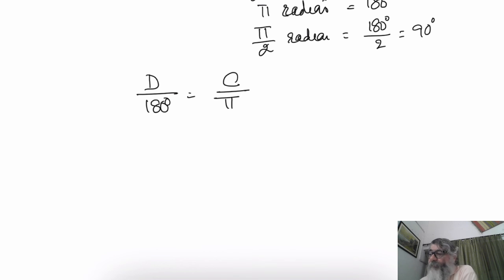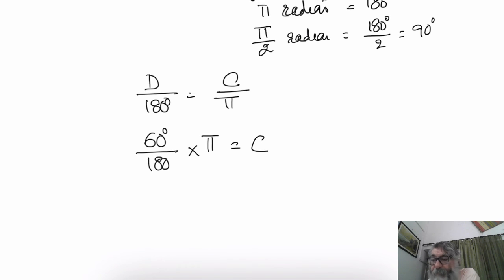For example, I have 60 degrees and I want to convert it into radians. Where D is there, I put 60. So 60 upon 180 is equal to C upon pi. I cross multiply and bring pi, so C will become the angle in radians.